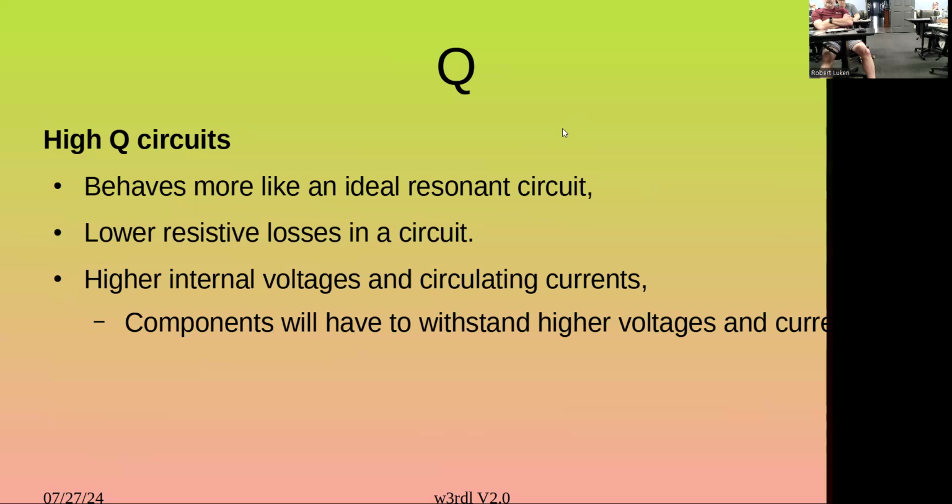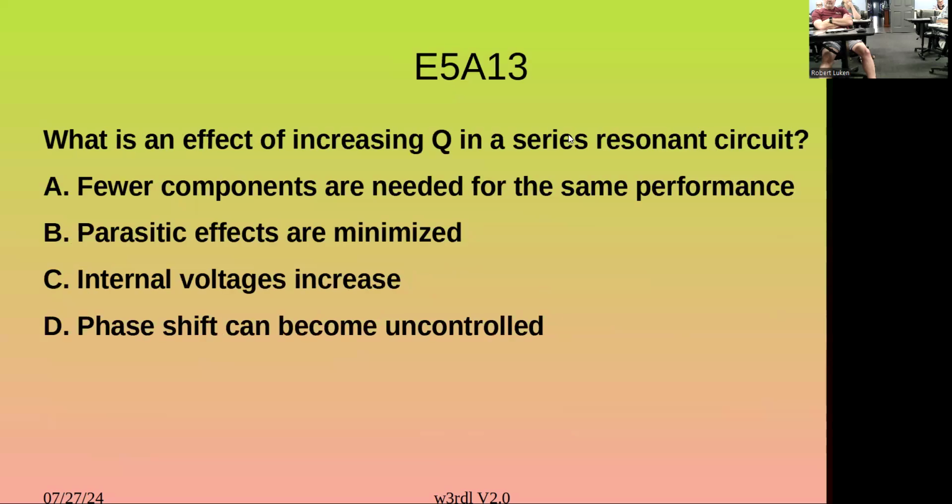If you're actually building equipment, you'd have to take into account that the components you're using are going to have to be rated for several thousand volts, as opposed to just your normal 50-volt capacitor.